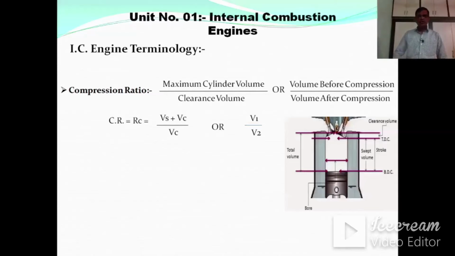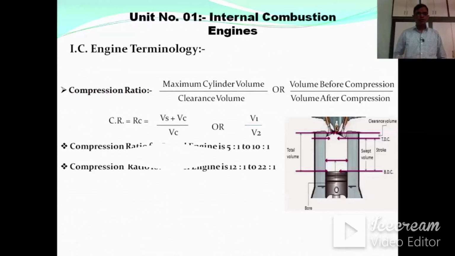Next ratio is the expansion ratio. Before that, we should know that the compression ratio of a petrol engine is 5:1 to 10:1, and the compression ratio of a diesel engine is 12:1 to 22:1. Why does the diesel engine have a higher compression ratio than the petrol engine?